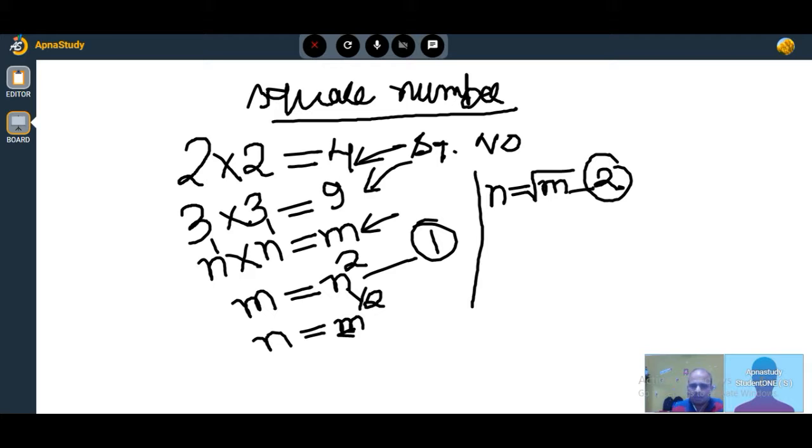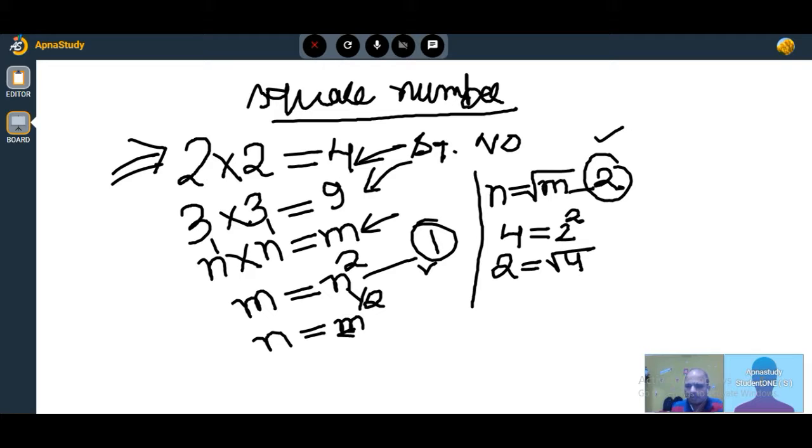Now, let's go back to the similar example from where we started. Using the example and equation number 1, we can say that 4 is equal to 2 squared. And using equation number 2, we can say that 2 is equal to the square root of 4.